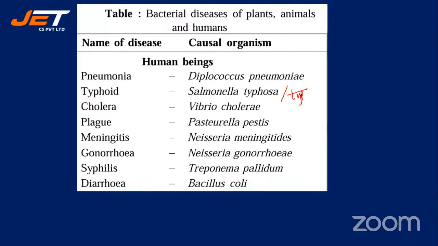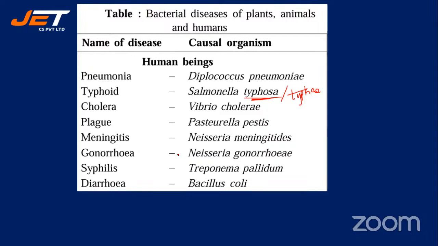Just note in your copy, it is Typhi, or it may be Salmonella typhosa. I have given typhosa because typhosa is the latest term. Typhi was the old term, but the examiner can give you the old name also.